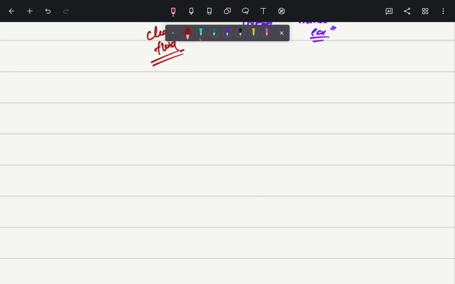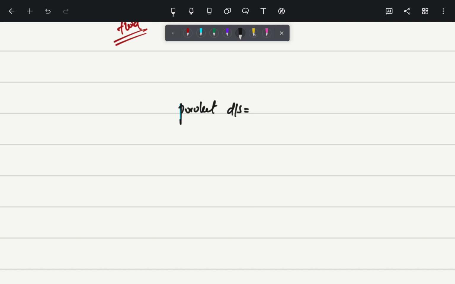I hope you guys have heard the term purulent discharge. Now what is this purulent discharge? Whenever there is a bacterial infection, the bacteria will start producing a lot of pus. This type of discharge, which is filled with pus, is called purulent discharge, which is seen in bacterial infections.